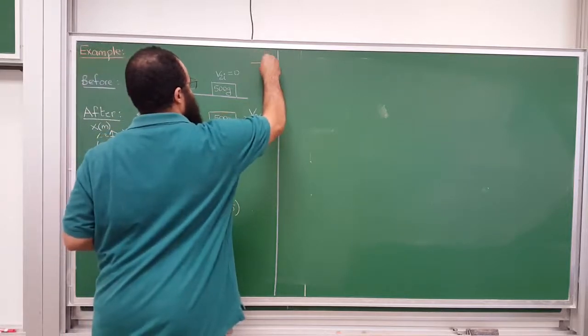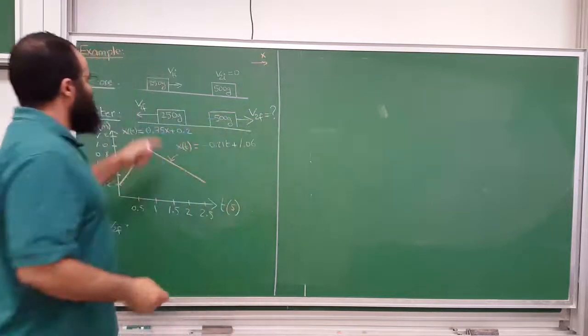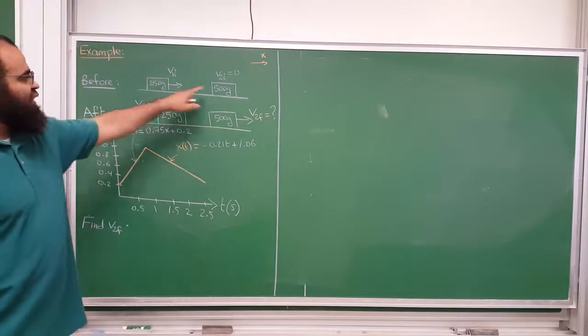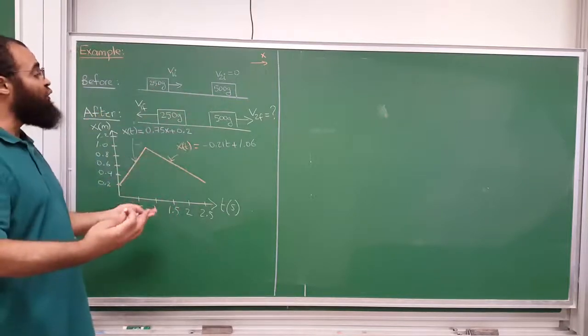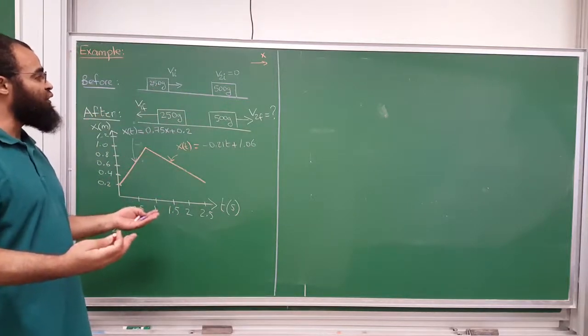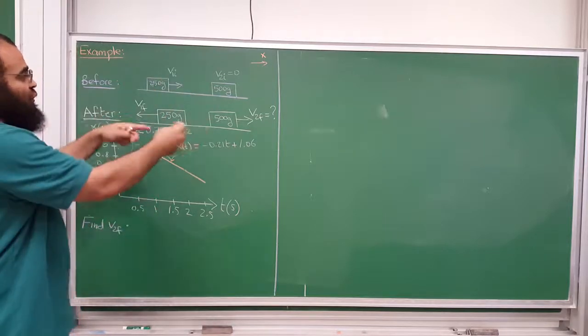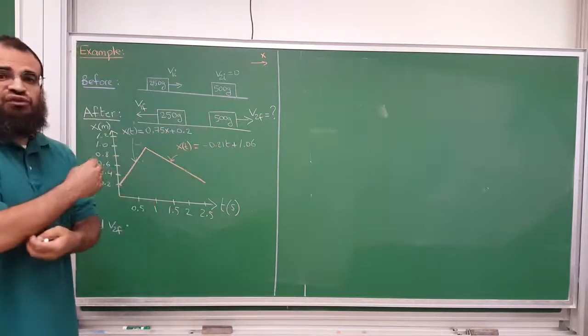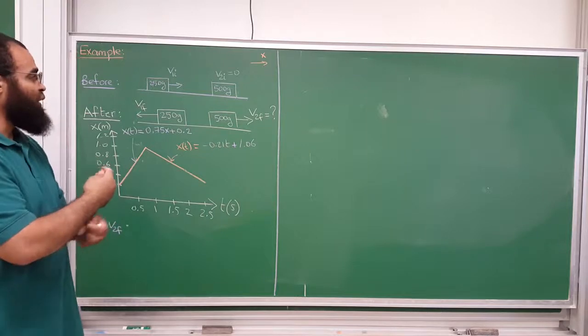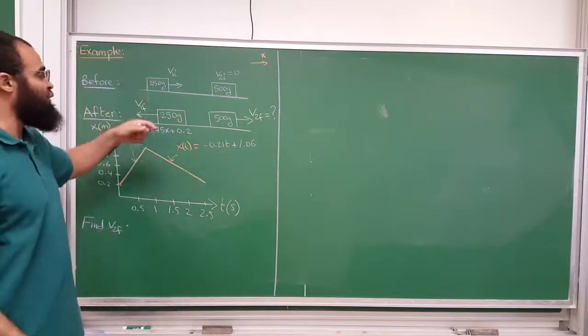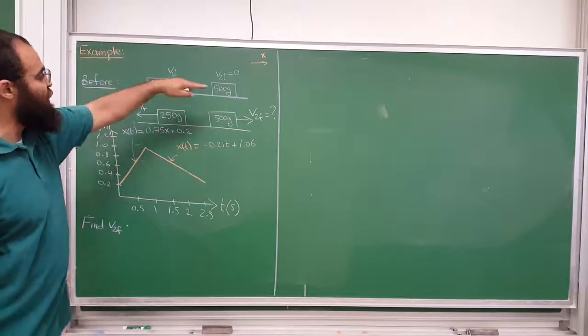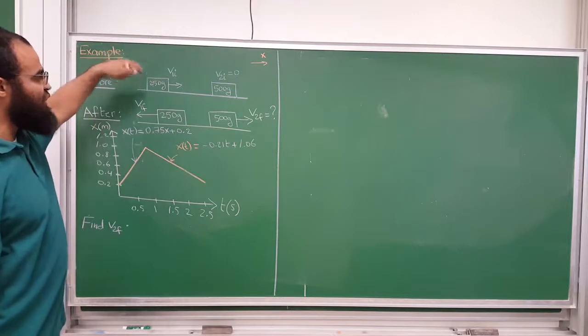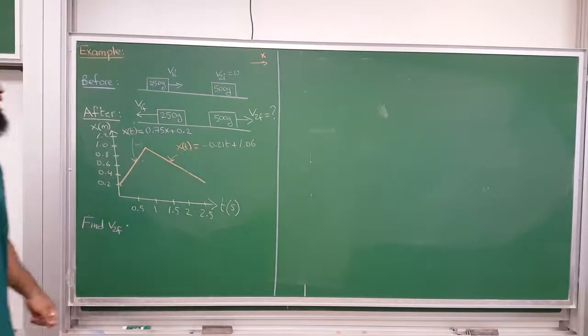And so our system consists of this object and this object, and there is no net external force on both of them. If I include both of them, the net external force is equal to 0, both horizontally and also vertically. We don't care about vertical. So what we care about is really horizontal, but in any case, the net external force is equal to 0.